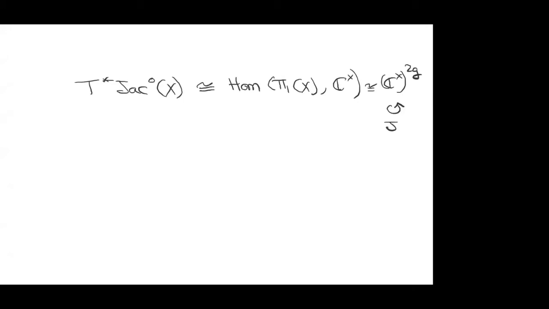Okay, and in fact, this is the complex structure of a Kähler structure whose symplectic form is given by cup product.